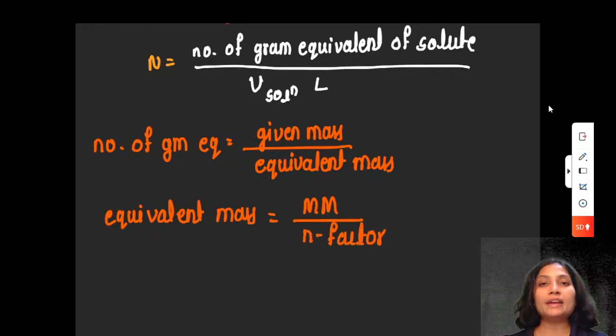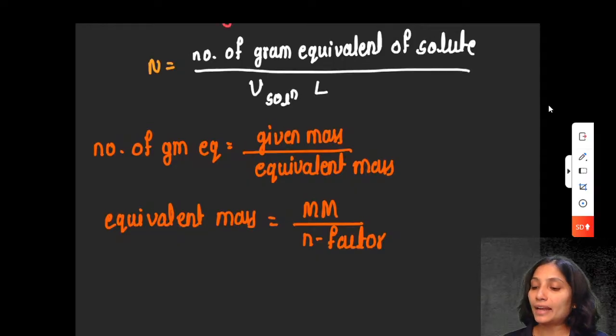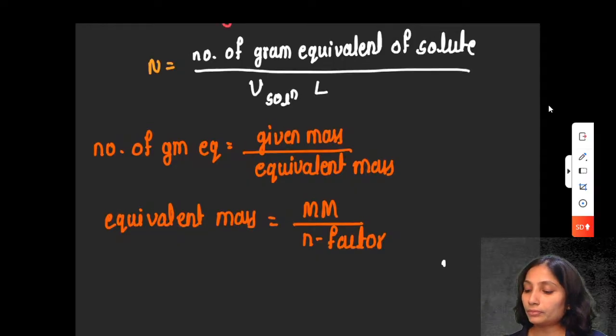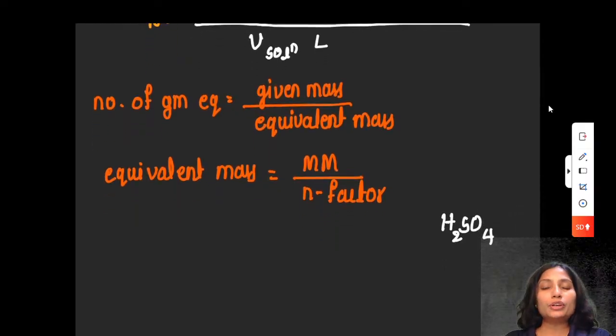So what is this n factor? N factor is the basicity of acid or acidity of base or number of electrons transferred or the charge which is present. All those things represent n factor. For example, if I take H2SO4, it's an acid. What is the basicity of this acid?